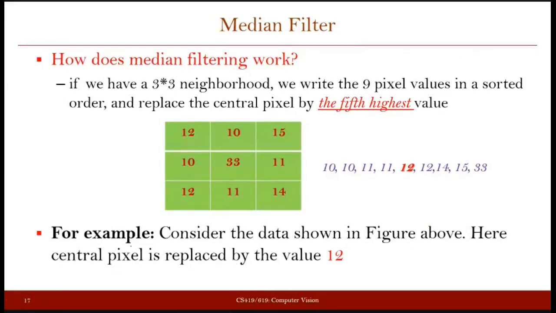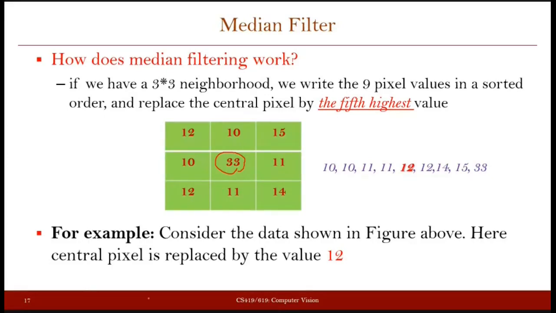Let us say we have a case again, as in the previous case, where all the pixels in this 3x3 neighborhood have very similar values, very close to each other, but the central pixel has a noisy value. This is 33, and the other pixels have values 12, 10, 15, 10, 11, 12, 11, 14, which are very close to each other.